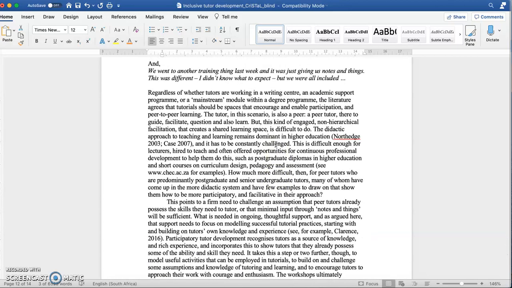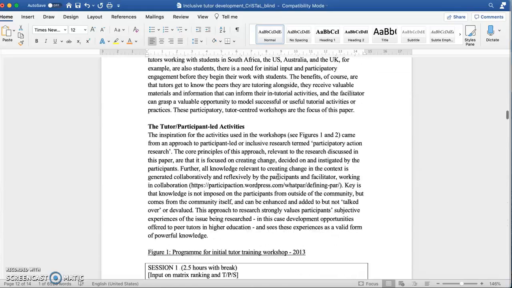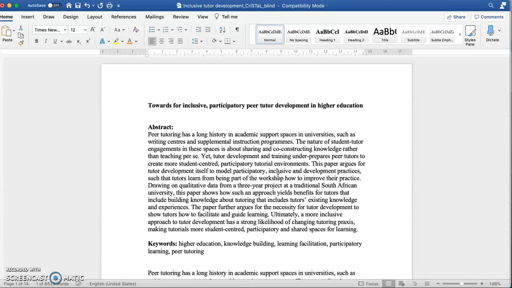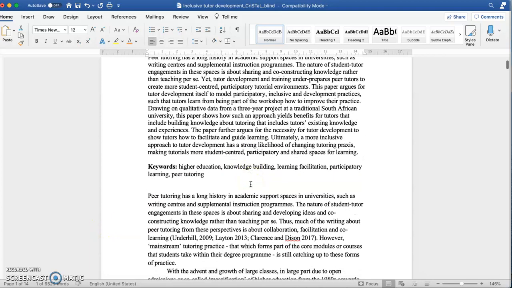Now, the trickier thing is if you're doing this in a very niche field where you are one of maybe a handful of researchers doing this, then especially if you have a very distinctive voice, as some of my colleagues, for example, in writing centers in South Africa have, even if they blind their paper, I can almost always tell who it is.